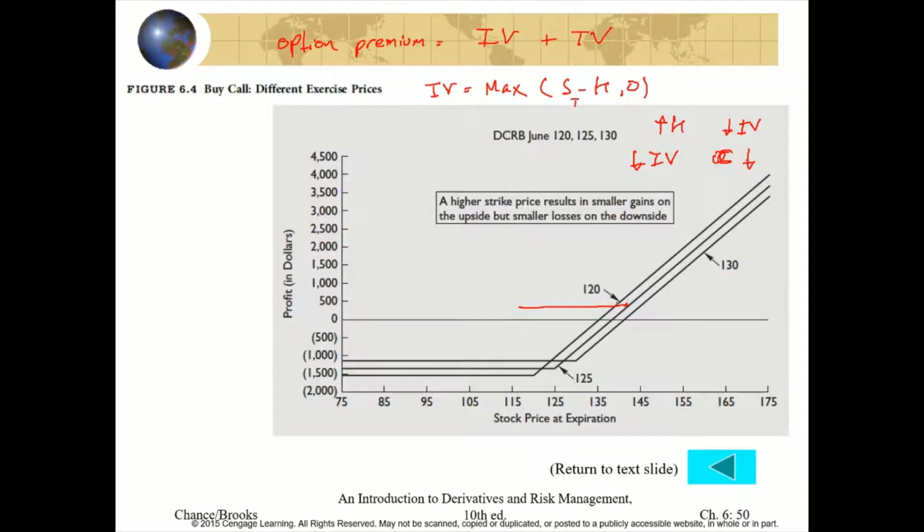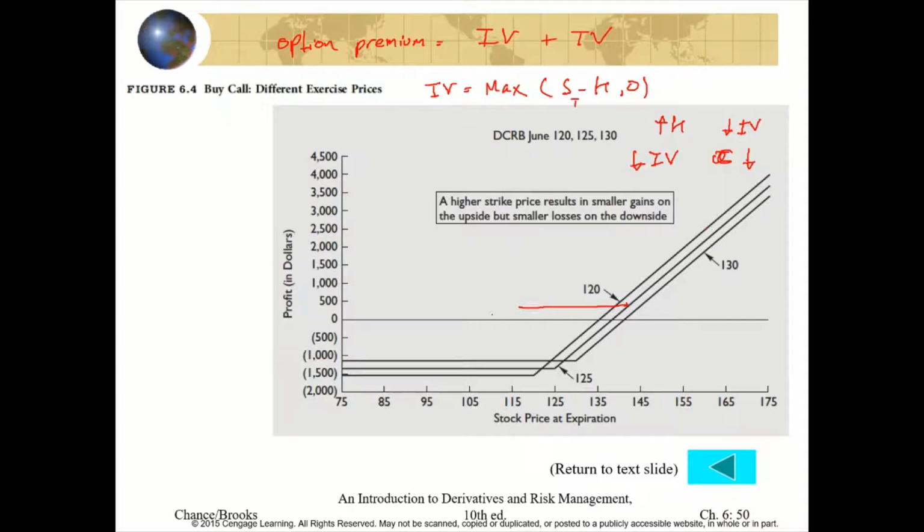This fact makes me realize a payoff at a lower level compared to the 130. That's why for any given level of the stock price, the option with the lowest strike price always has the highest profit.